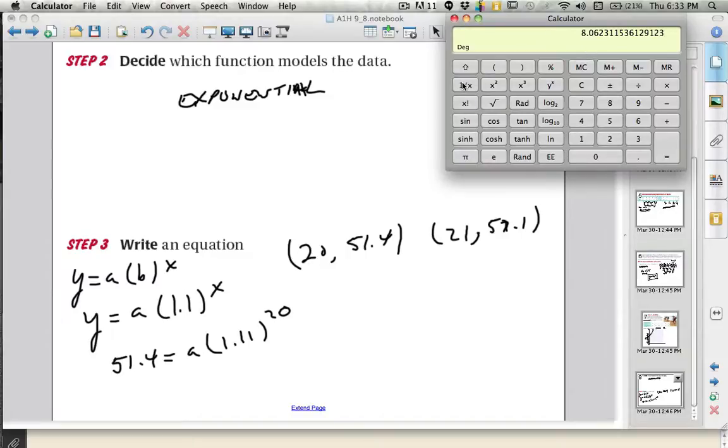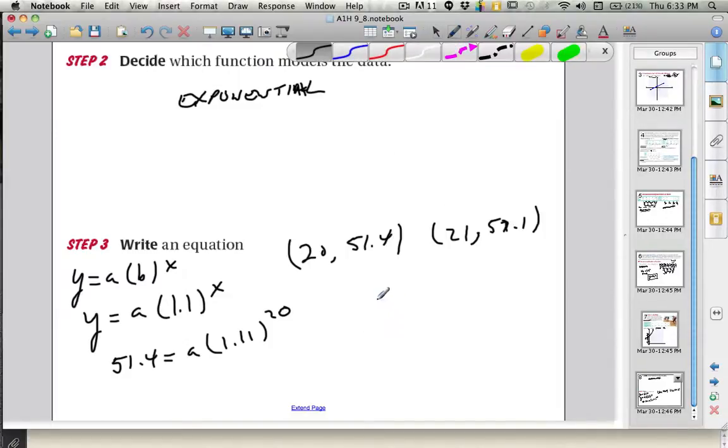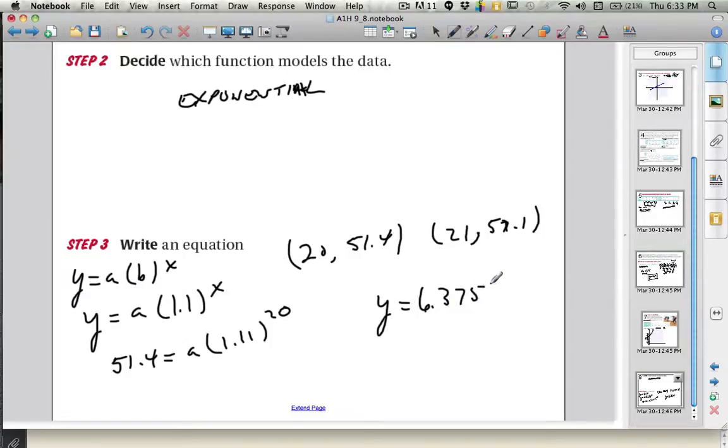I'm going to invert that and multiply it times 51.4, which is the same as dividing. 51.4 divided by that equals, and I get 6.375. Okay, so y would be equal to 6.375 times 1.11 to the x power.